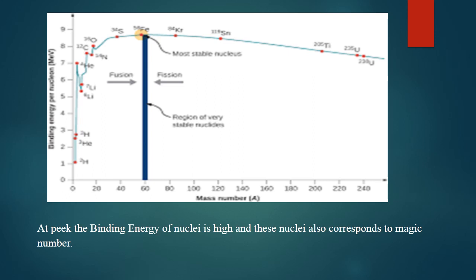The greater stability occurs almost at iron, Fe, and this is similarly related to the magic numbers. As we discussed, these magic numbers show the maximum stability, and the binding energy gives the details about the magic numbers, which show greater stability, and there is a correlation between them.